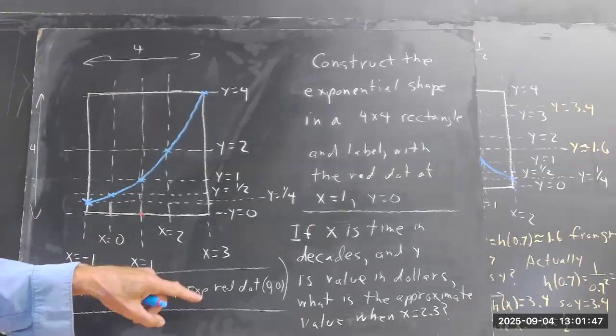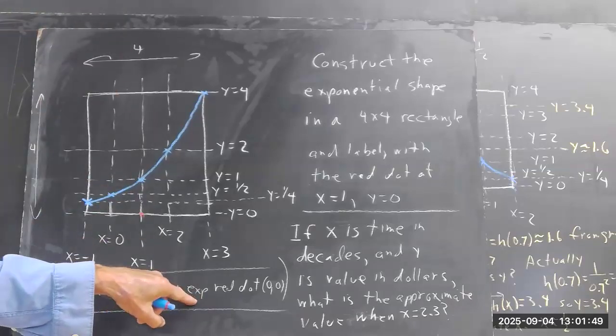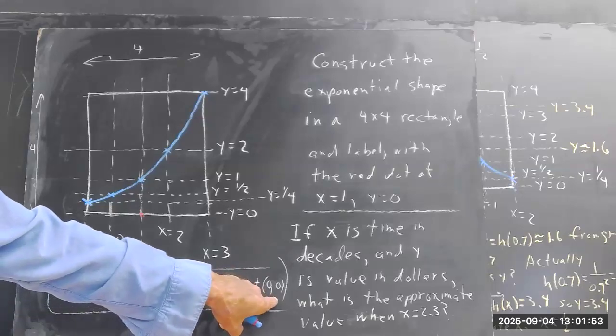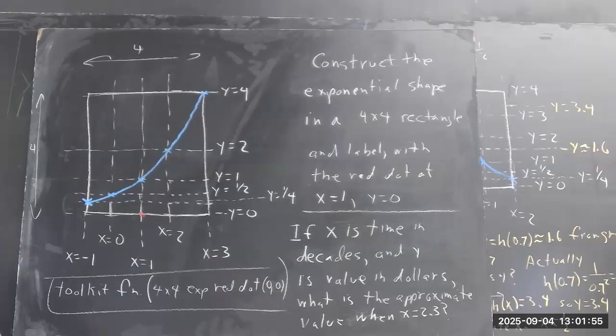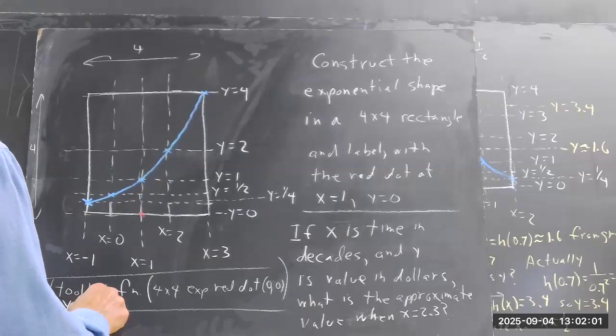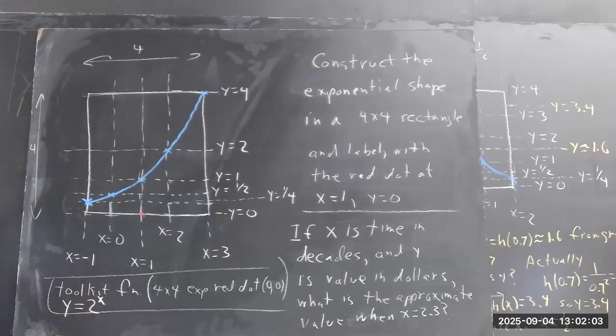It's a 4x4 exponential shape with the red dots at 0, 0. Okay? And that's the function y equals 2 raised to the x power, as we've talked about Thursday and Tuesday, although you couldn't hear me if you were relying on the video.